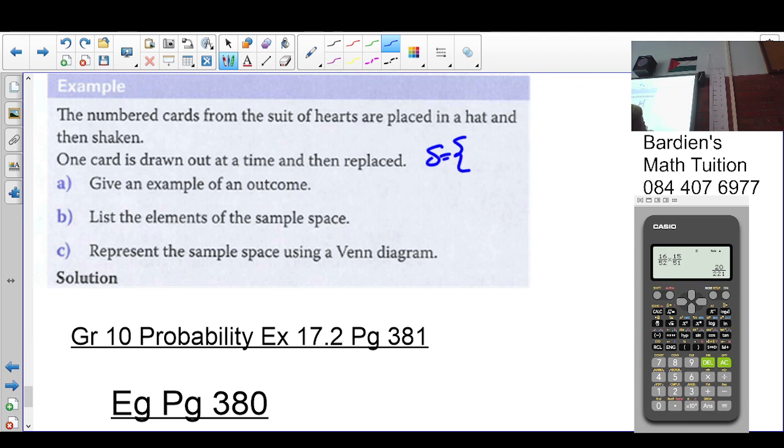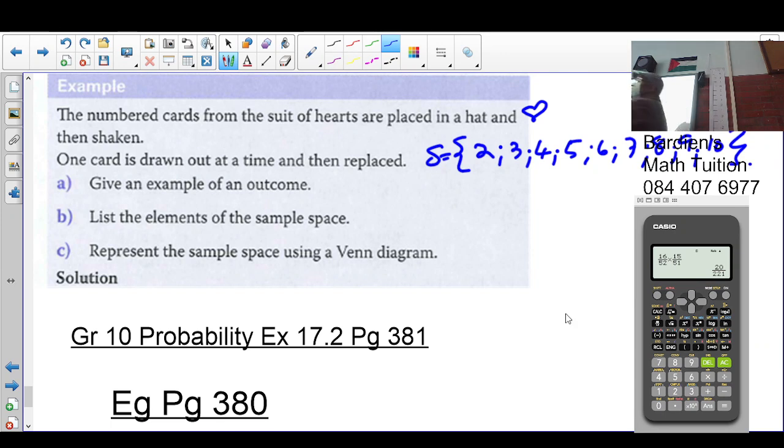A number card is taken from the suit of hearts. So what are my options? You were just told there's no 1 of hearts. 2 of hearts, 3 of hearts, 4 of hearts, 5 of hearts, 6, 7, 8, 9, and 10 of hearts. So how many cards are there? 9 cards: 1, 2, 3, 4, 5, 6, 7, 8, 9.